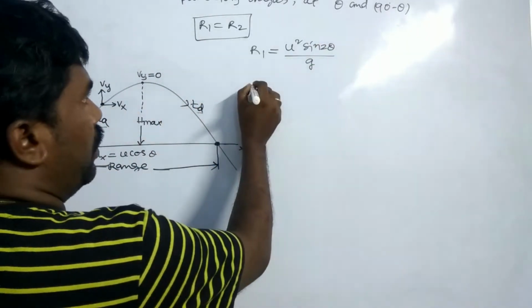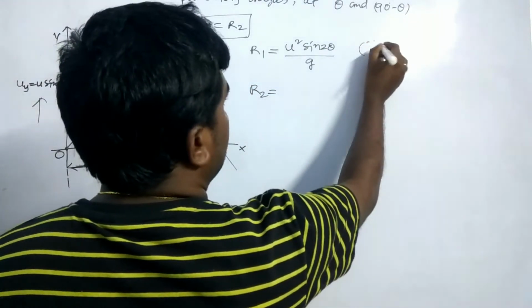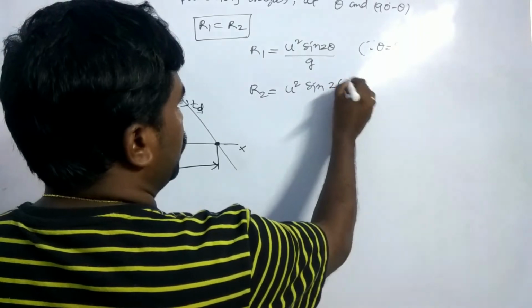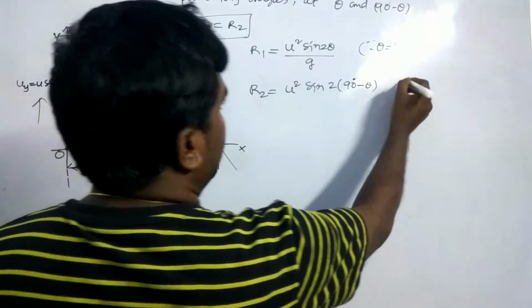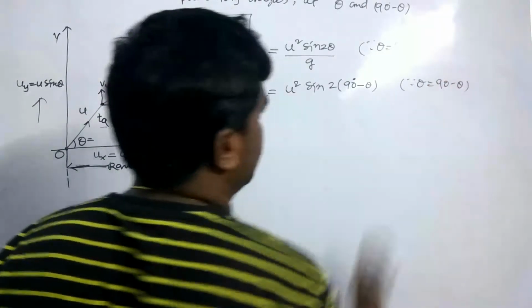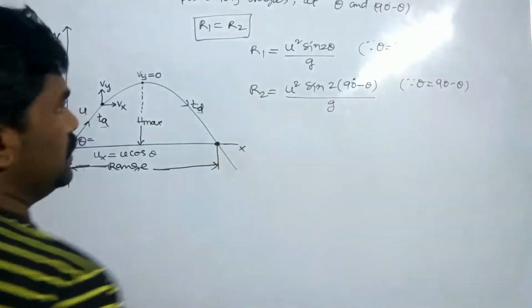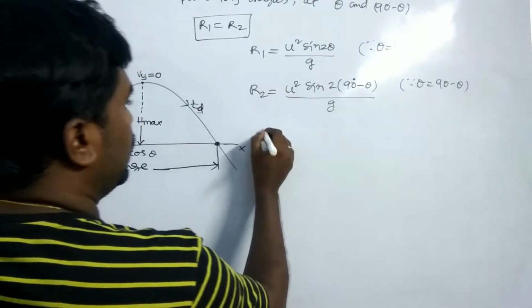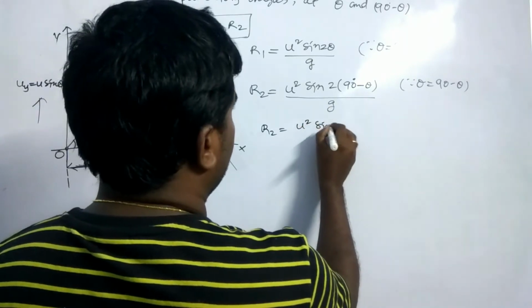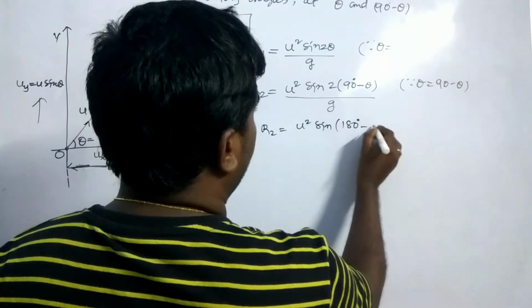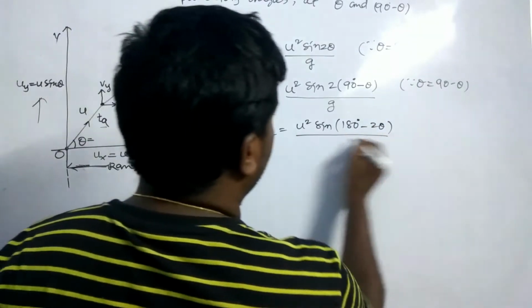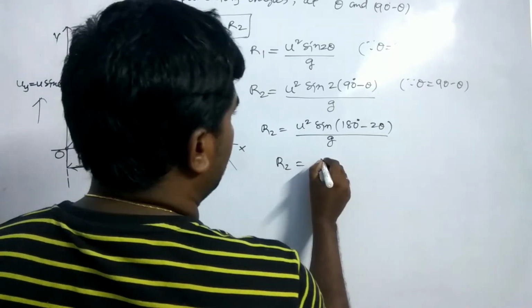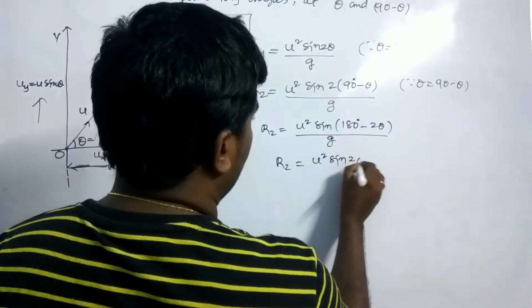R2 is equal to u square sine 2 into (90 minus theta) by g. Let this be R1. So what is R2 here? R2 is equal to u square sine of (180 minus 2 theta) by g. Sine of (180 minus 2 theta) is nothing but sine 2 theta, so R2 is equal to u square sine 2 theta by g.